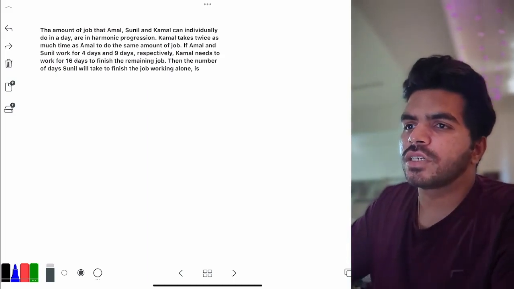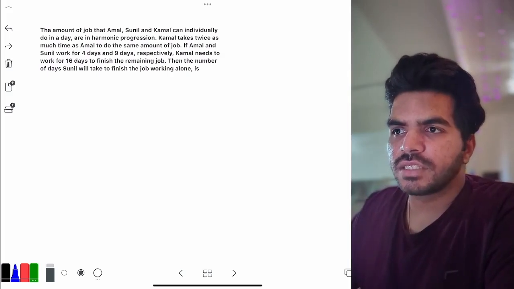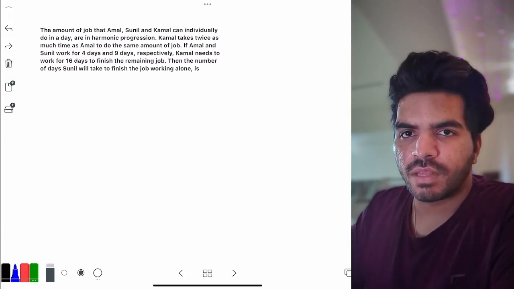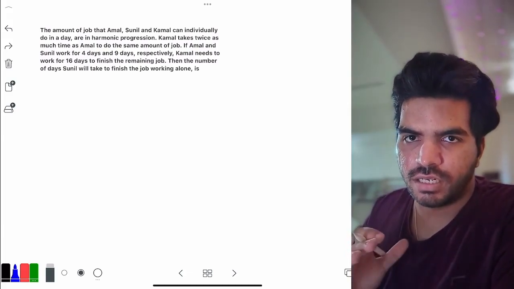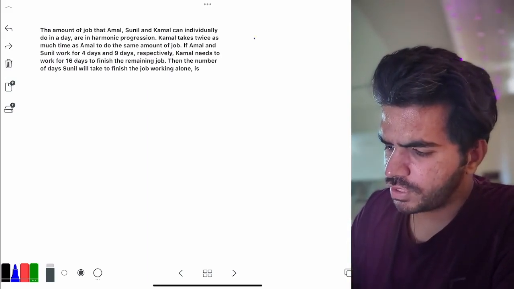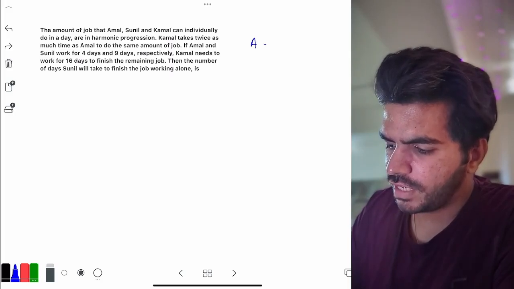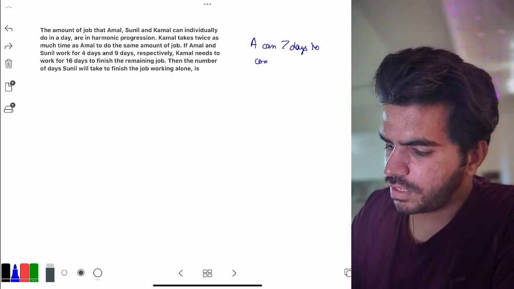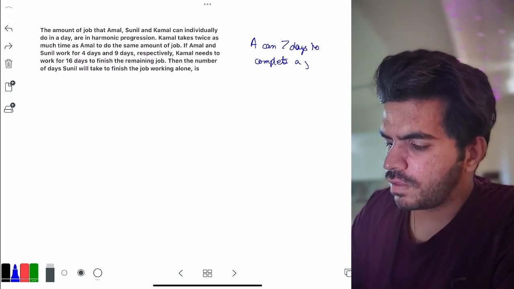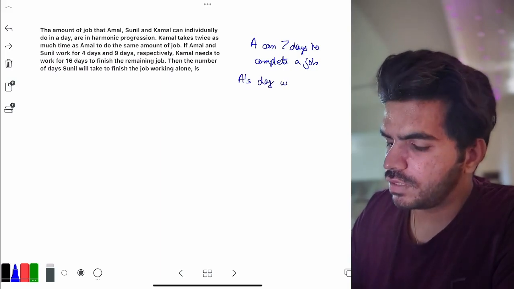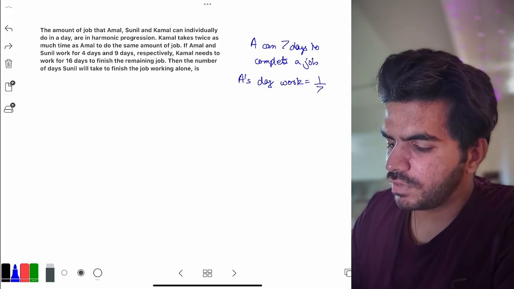So we have a simple logic here. Since each day's work is usually calculated as 1 upon the number of days taken to complete the work alone, I'll use the expression: if A can take 7 days to complete a job, A's 1 day work is equal to 1 by 7.